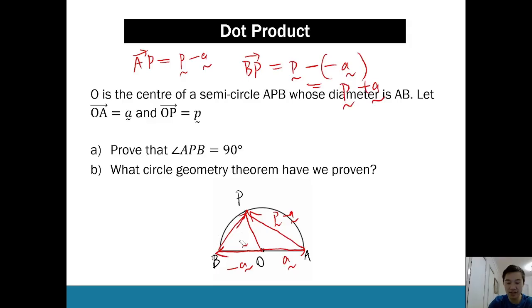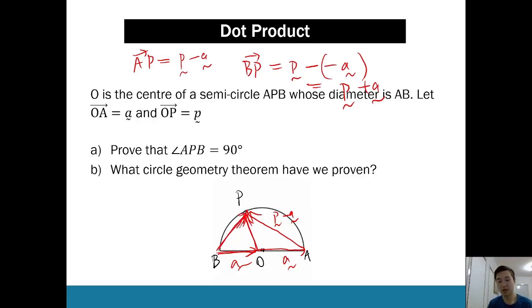Another way you can visualize this is that BO is also the same thing as vector a, and this vector plus this vector here will be BP. So that also works.